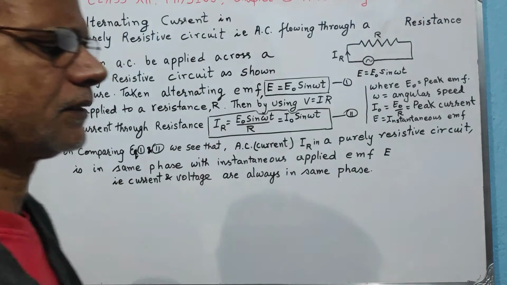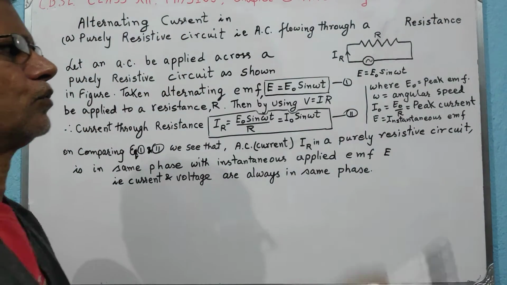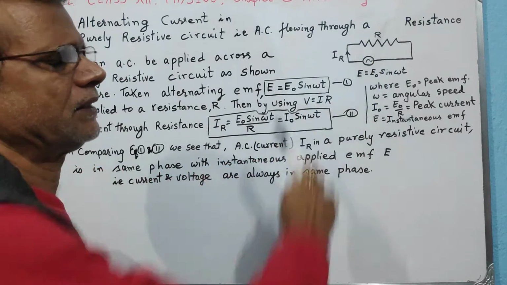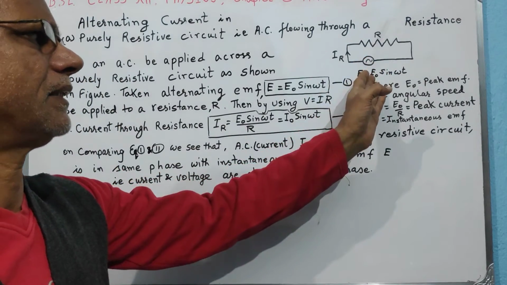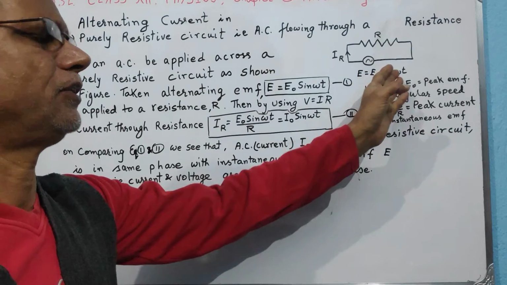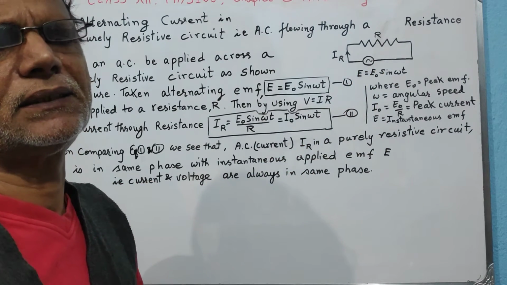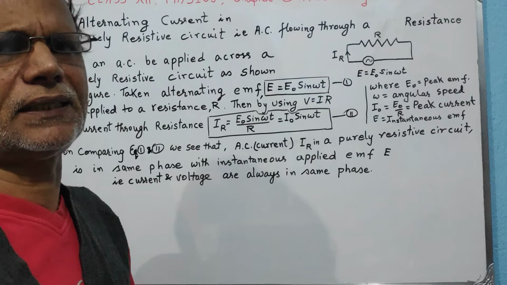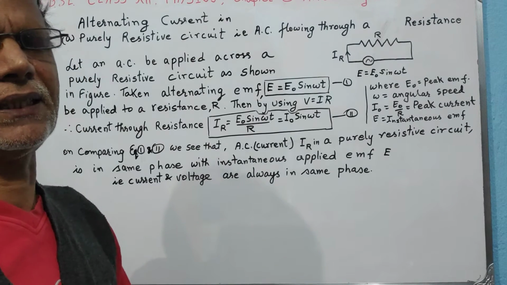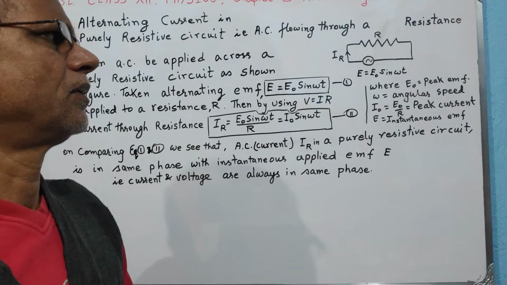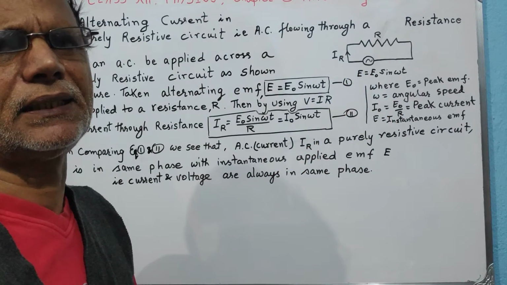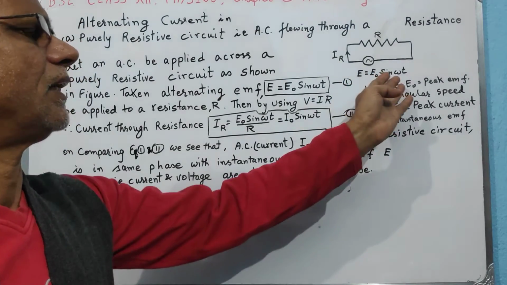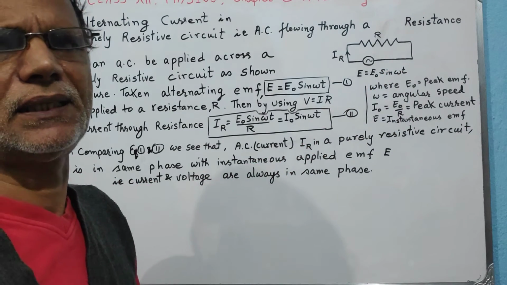Here in this case we are considering a purely resistive circuit R, across which we are applying some alternating EMF, E0 sin omega t, the instantaneous value of the alternating EMF applied across the resistance. Where E0 is the peak value of the alternating EMF and omega t is the instantaneous phase.